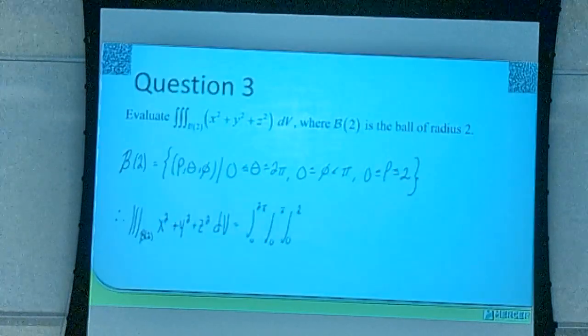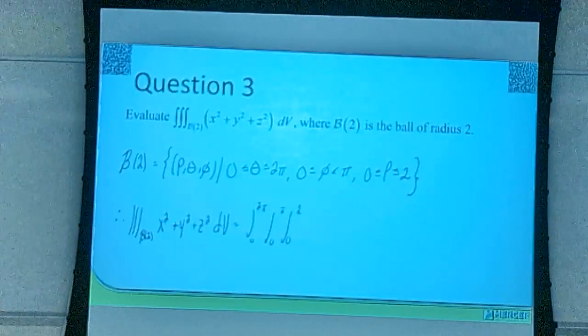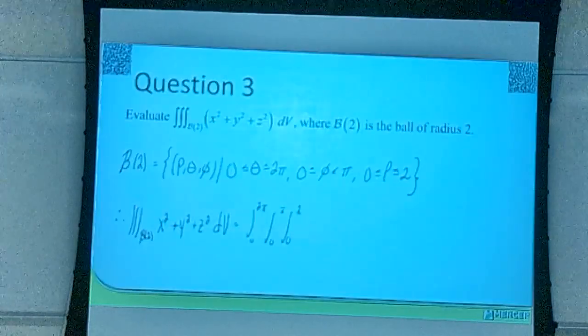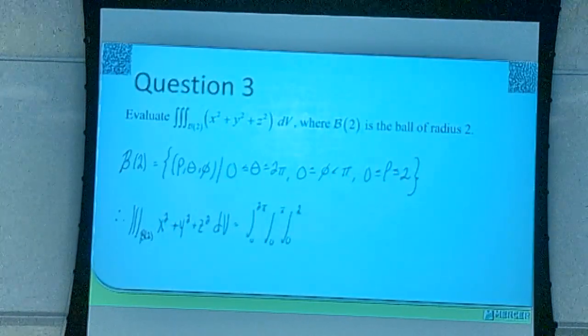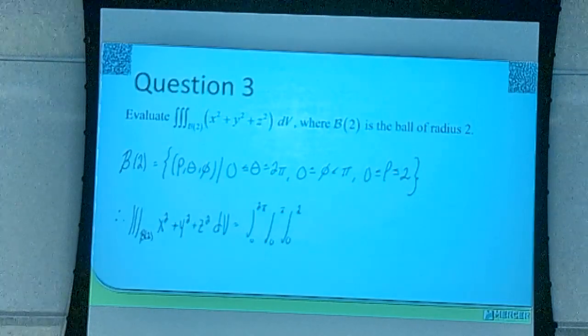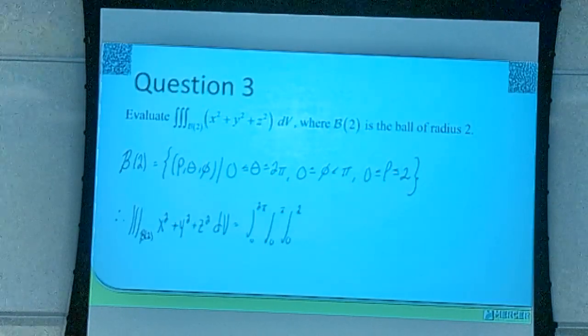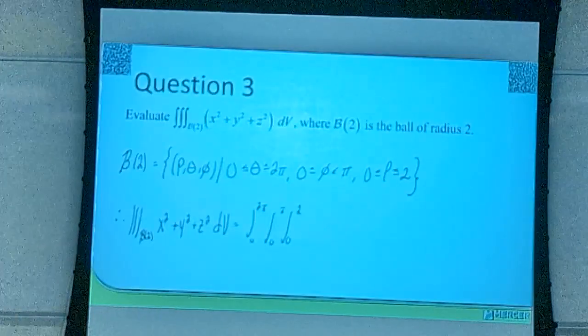What's the integrand? Phi is the angle of declination, the angle measured with respect to the positive z-axis. So it's 0 to pi.